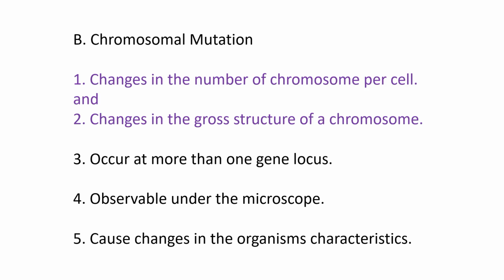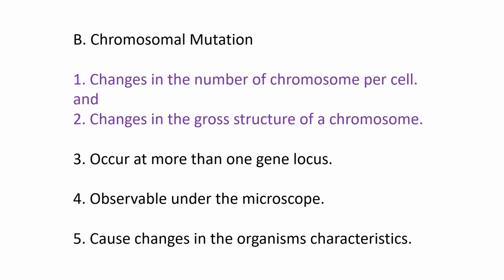The same goes for gene mutation. We already covered gene mutation, so that is the past. Now focus on chromosomal mutation, on the changes in the gross structure of a chromosome. Chromosomal mutation occurs at more than one gene locus. If you recall, gene mutation occurs only at one gene locus, but for chromosomal mutation, more than one.